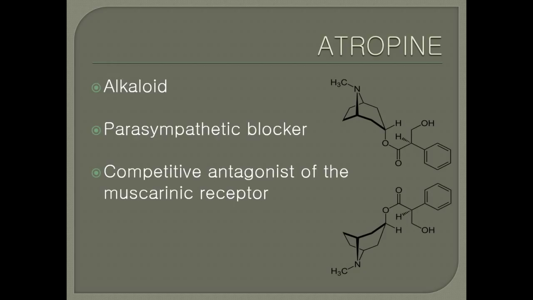The antagonist will compete with the agonist for the receptor binding site on the same receptor. Sufficient antagonists will displace the agonist from the binding site, resulting in a lower frequency of receptor activation.